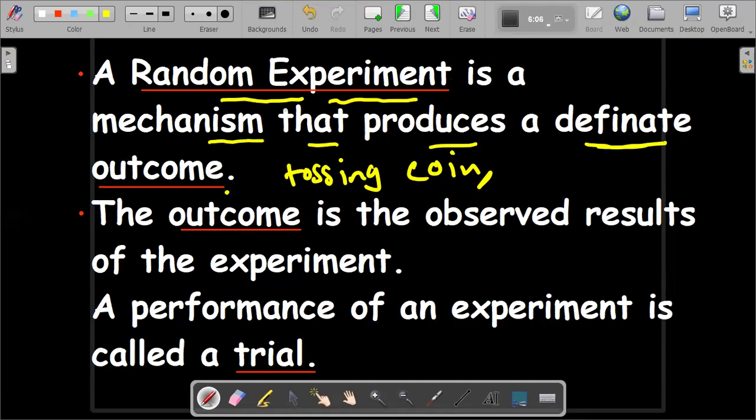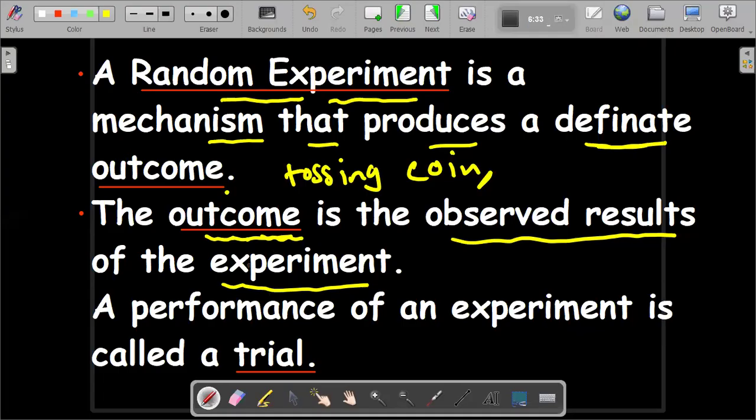It's just a mechanism that produces a definite outcome. Talking about the outcome itself, this outcome is just the observed result from the experiment. The thing that you'll be observing from your experiment, that's what we call the outcome.